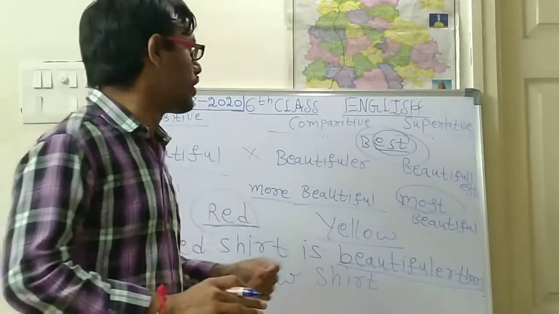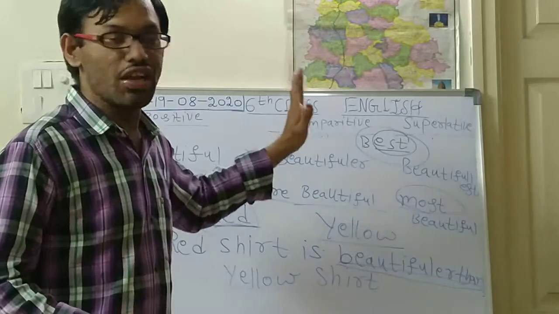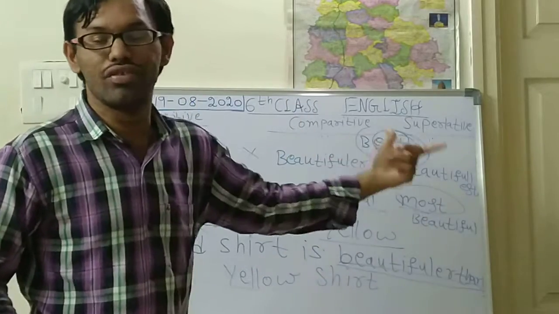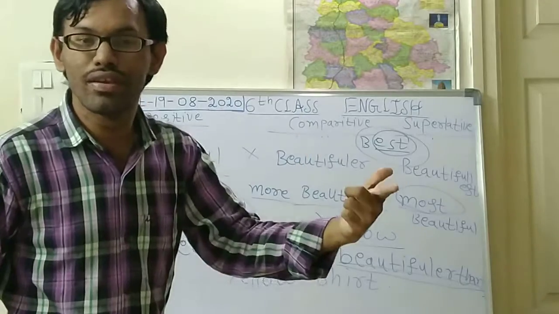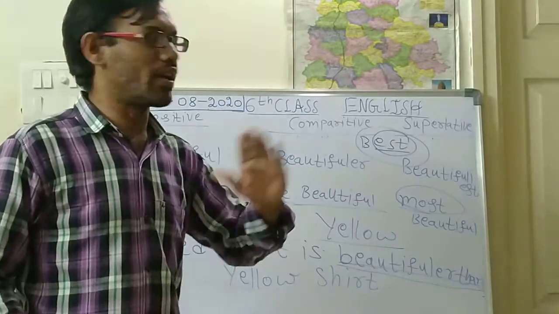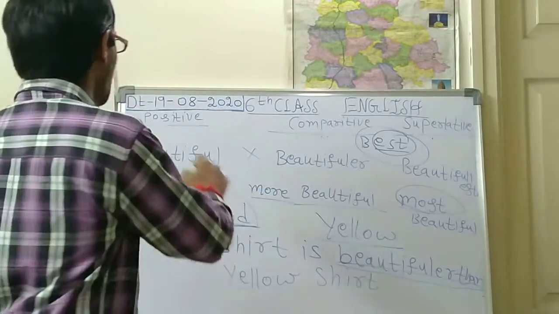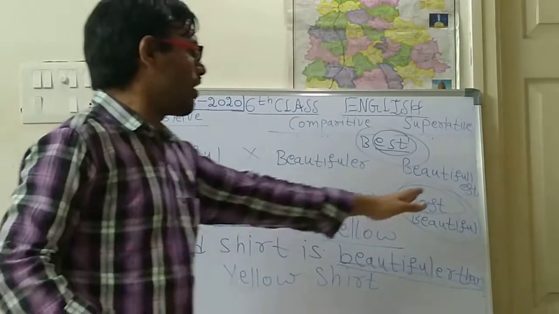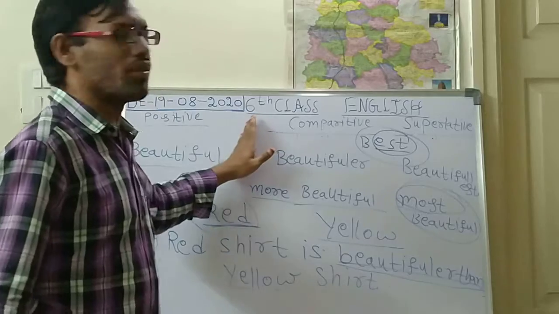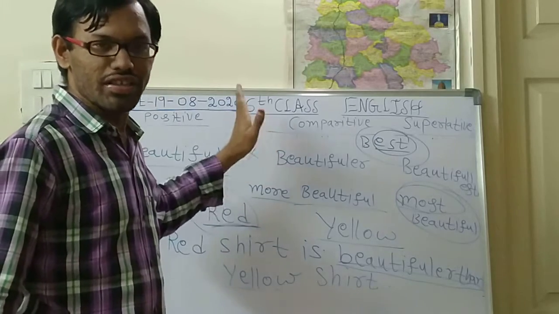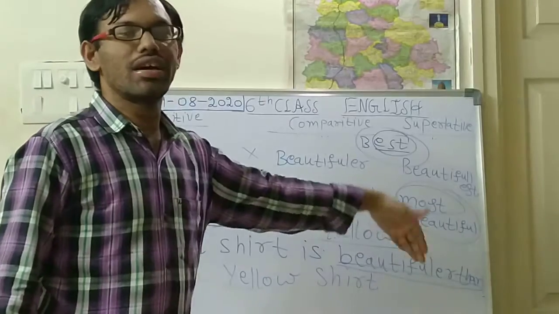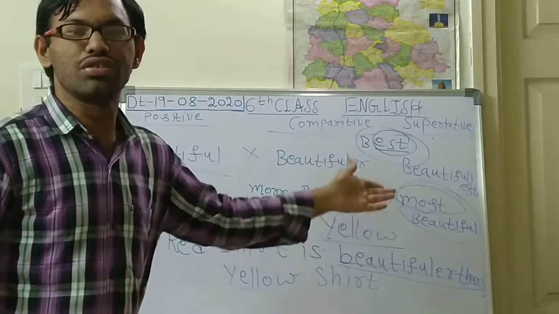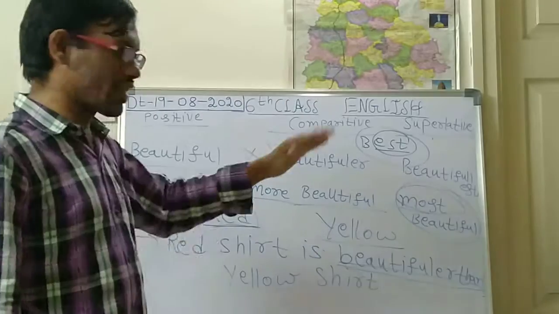That means apart from the Sardar Vallabhbhai Patel statue, there are no other such beautiful statues in India.